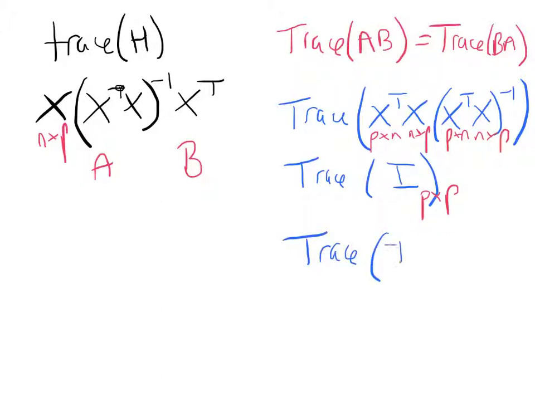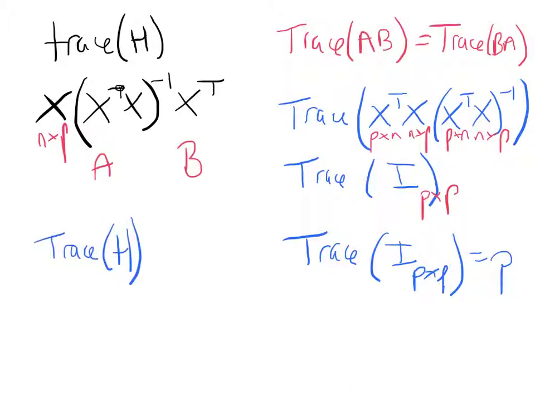The trace of an identity matrix of order p by p is equal to p. Therefore, we know that the trace of our hat matrix is also equal to p.